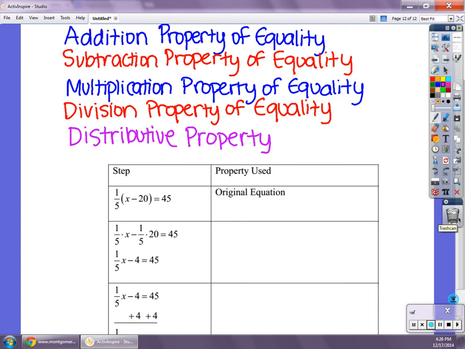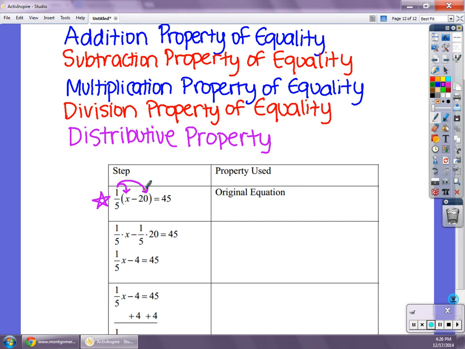Here we started with our original equation, and notice that the property used, we just labeled that original equation. What we're going to have to do is use the distributive property and multiply both terms in the parentheses times 1/5.